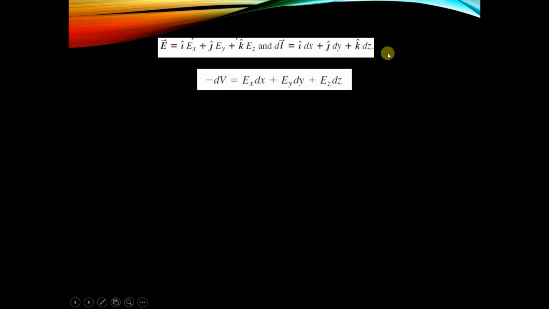Let the vector field E be given as unit vector i into Ex plus unit vector j into Ey plus unit vector k into Ez, and let dl be unit vector i into dx plus j dy plus k dz. Now if we take E dot dl, we get Ex dx plus Ey dy plus Ez dz, and that will be equal to minus dV from our previous relation.